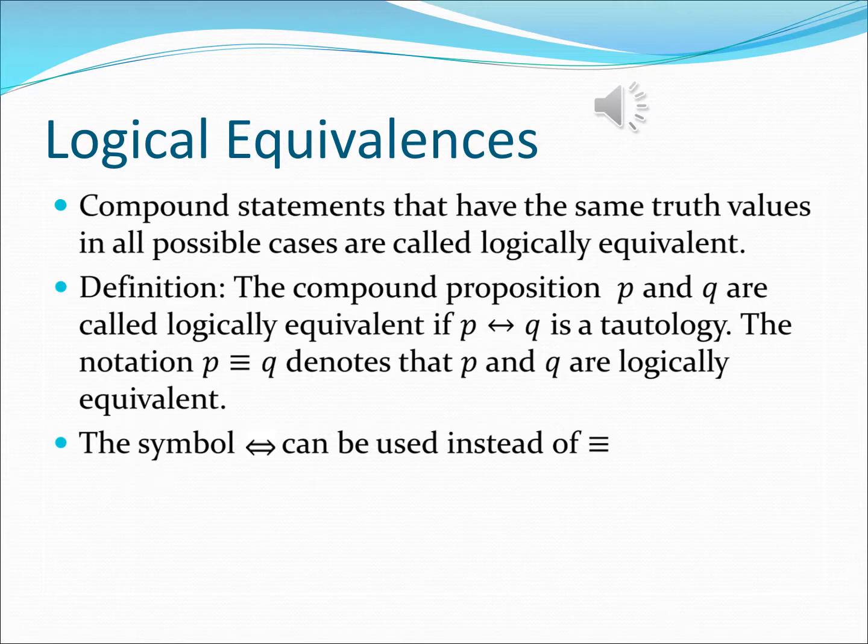The notation P is equivalent to Q, where the equal sign here consists of three lines on top of each other, denotes that these two statements are equivalent. So the equivalence sign we will use is either an arrow pointing in two directions, or an equal sign that has three lines.